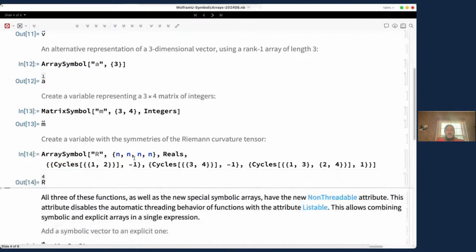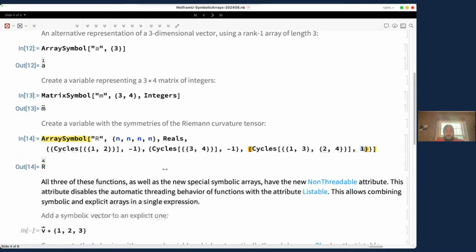So this looks kind of complicated, but if we just unpack it, we have something called R. It has 4 levels, all of length n, and real entries. And then if we swap the first 2 levels, we get a minus sign. If we swap the last 2 levels, we get a minus sign. And if we swap the first pair with the last pair, it's symmetric, hence the +1 here.